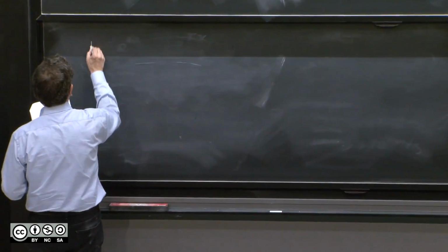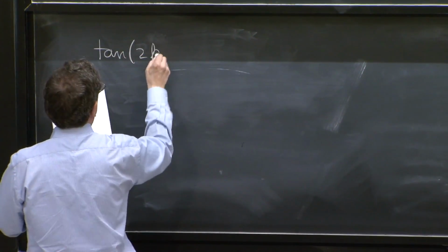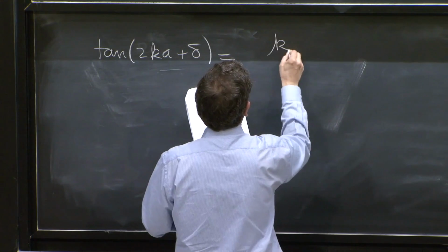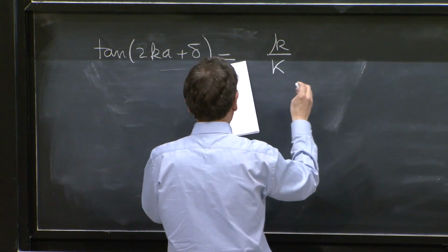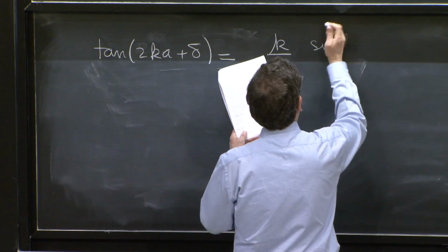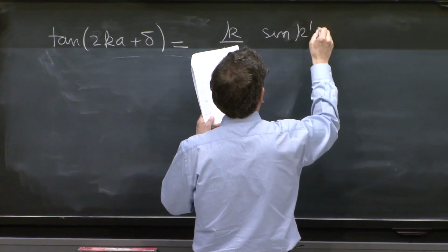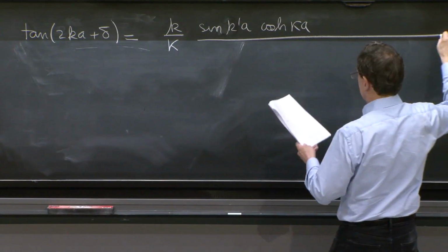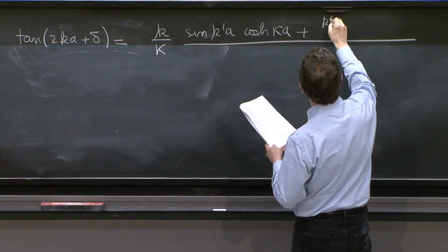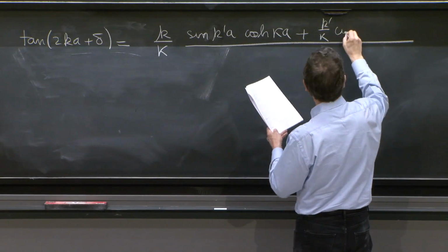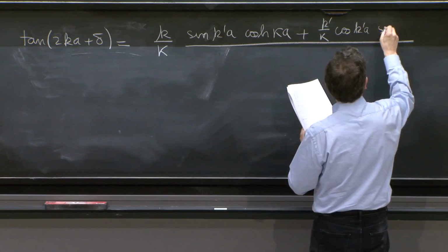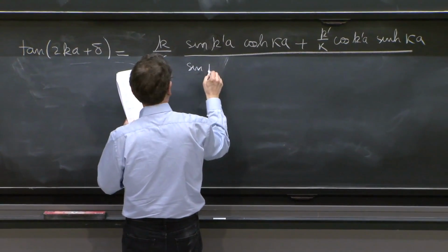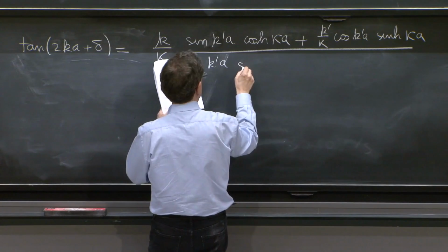This is the answer: tan of 2Ka plus delta. It's a little messy, no wonder. I just plotted these functions: sine K prime A cos kappa A ratio plus K prime over kappa cos K prime A sinh kappa A. You have sine K prime A sinh.